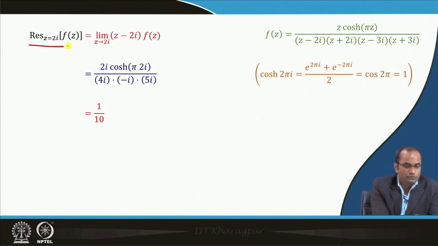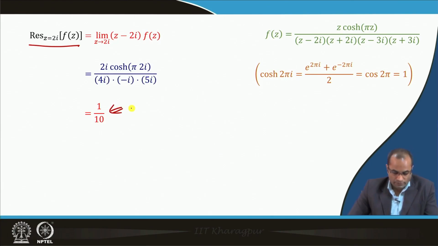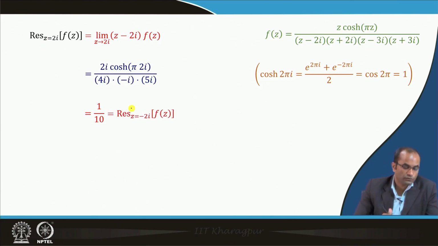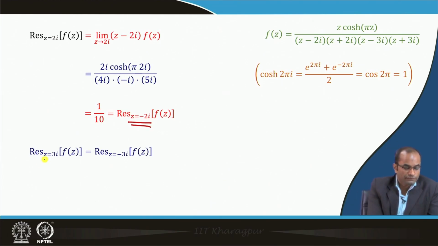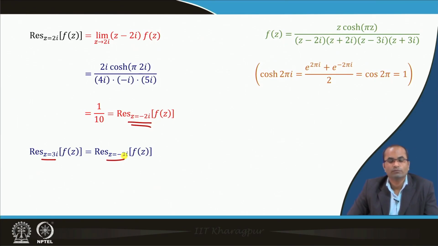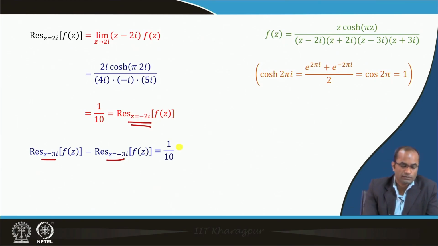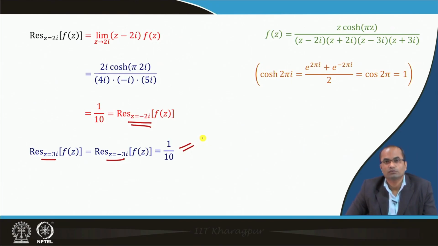So, the residue at z equal to 2i is 1 over 10, and we can observe that if we compute the residue at z equal to minus 2i also, it comes to the same number, 1 over 10. And again, if we compute now z equal to 3i or z equal to minus 3i, they both also come to be exactly equal to 1 over 10.